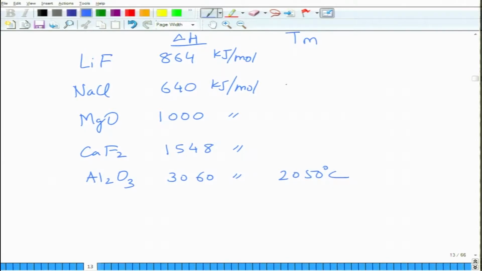NaCl by this token should have the lowest melting point, 801 degrees centigrade. Lithium fluoride has 850 degrees centigrade, MgO has 2850 degrees centigrade, and calcium fluoride has 1420 degrees centigrade. There are some exceptions in the middle, but by and large this rule follows.